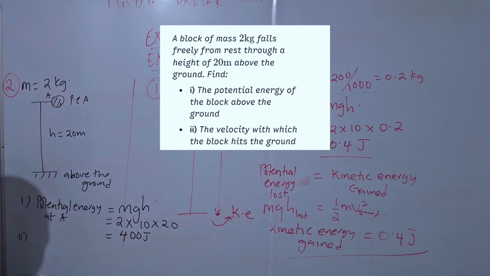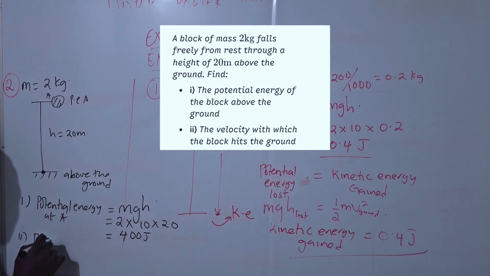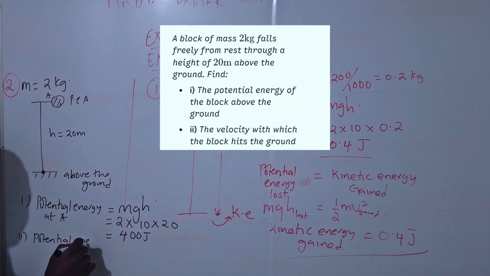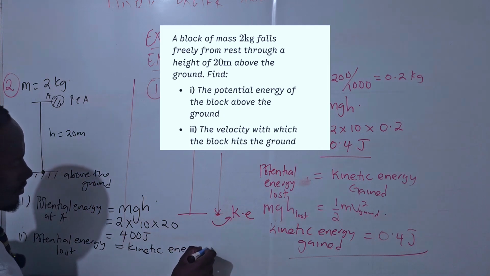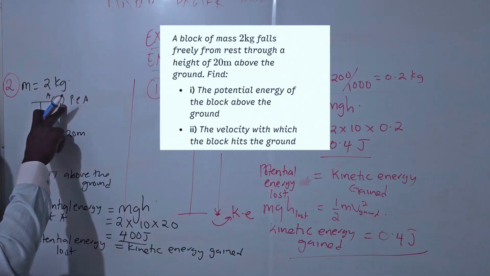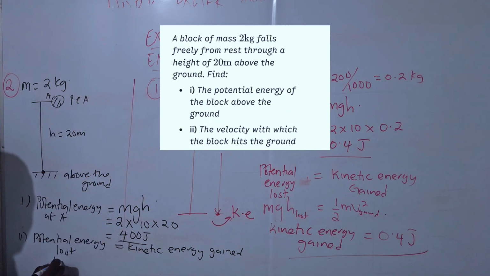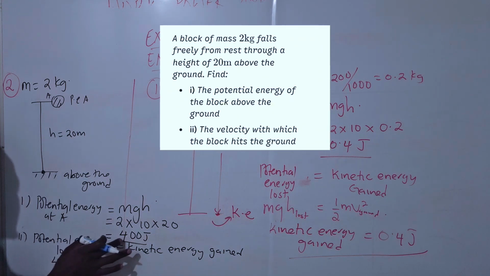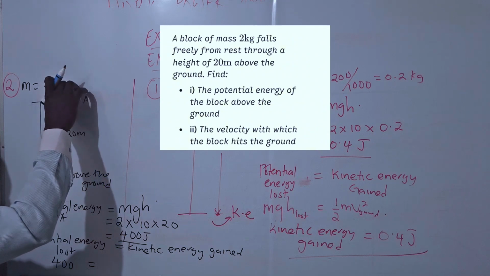How can we find the velocity with which it hits the ground? So when it hits the ground here, the potential energy lost is equal to the kinetic energy gained. So all this potential energy it had at this point, when it hits the ground, it is going to lose all this potential energy. So the potential energy it lost as it hit the ground was equal to the potential energy it had at this point.